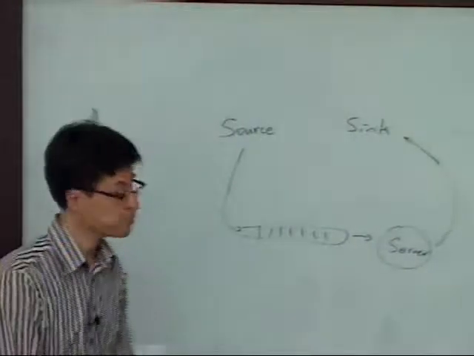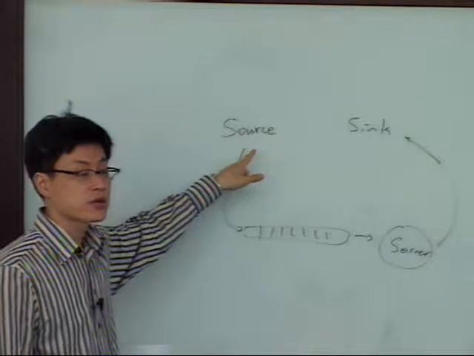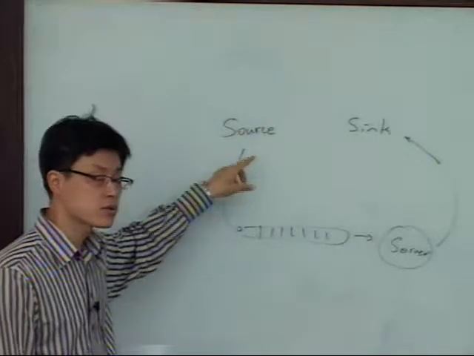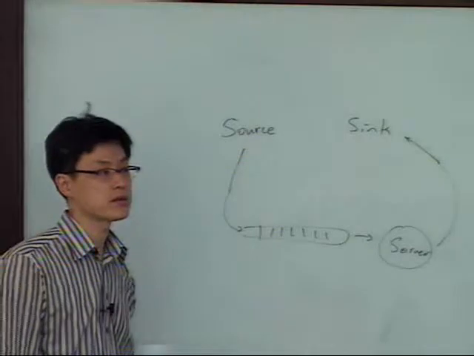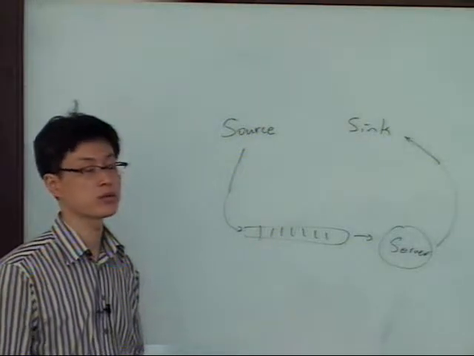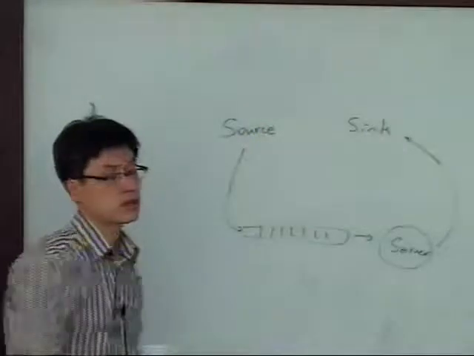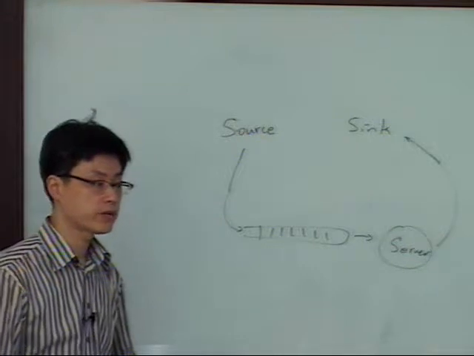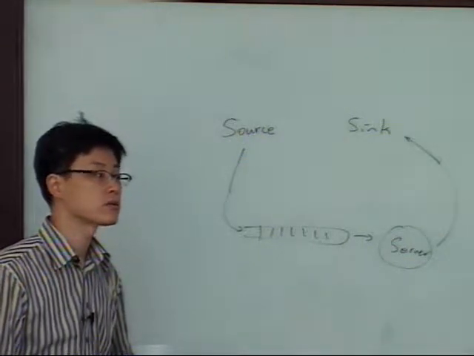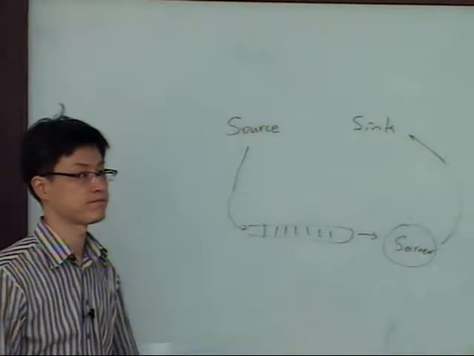Source: since we are substituting the source for the population, all you have to define is the inter-arrival time of your customer, right? And in this model of discrete event simulation, you are free to make multiple sources and multiple sinks. Okay?